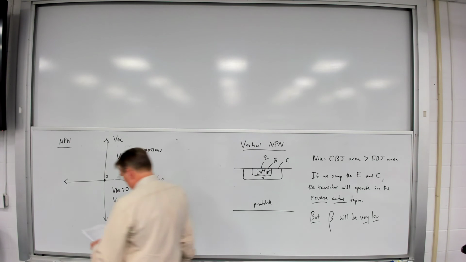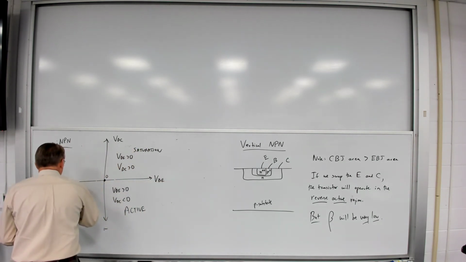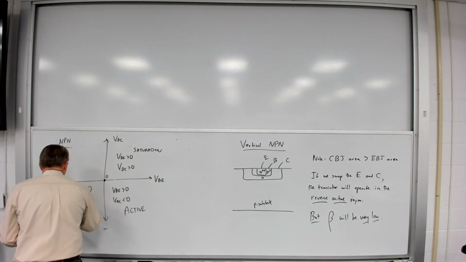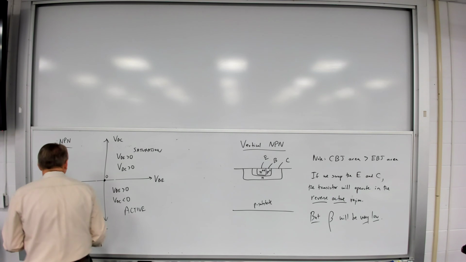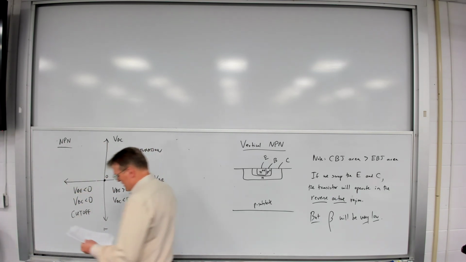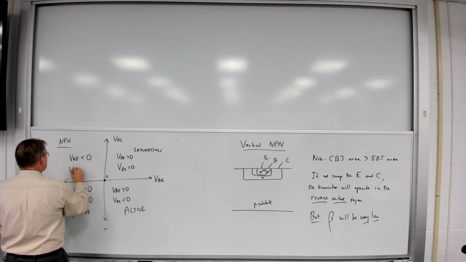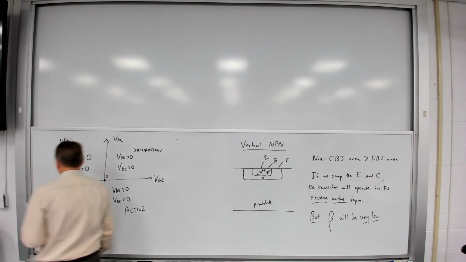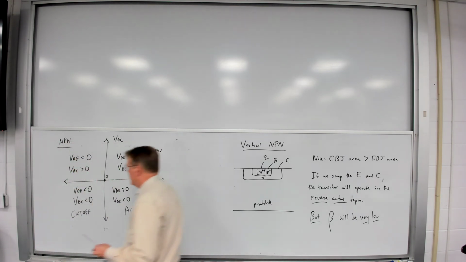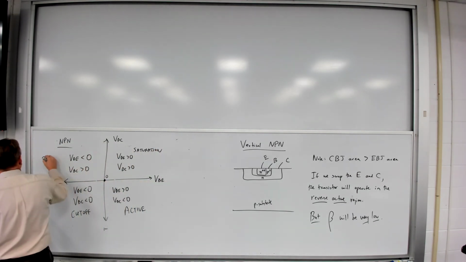If I make them both reverse biased, then I'm in cutoff. And if I flip them so that VBE is reverse biased and VBC gives us a forward bias across the collector-base, then I am in reverse active.